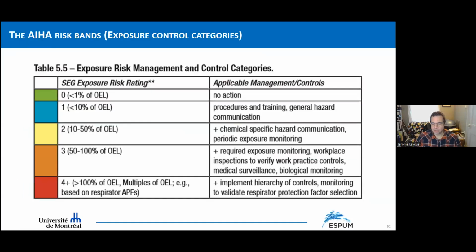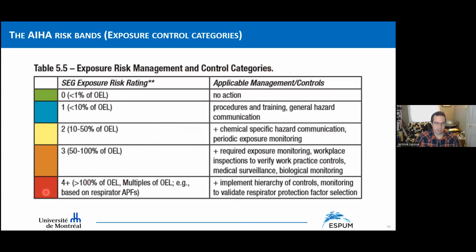A brief overview of the AIHA strategy. So they have their big monograph about risk assessment, and a centerpiece of the risk assessment for the AIHA framework is to classify your exposure groups into these exposure risk management and control categories.